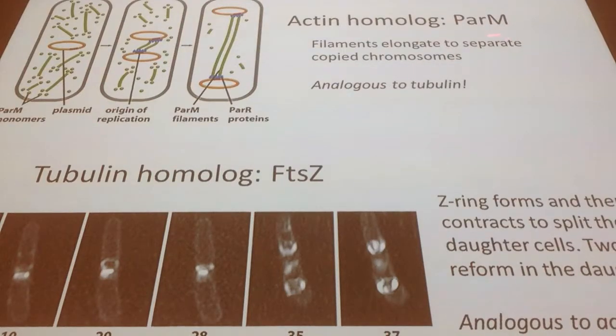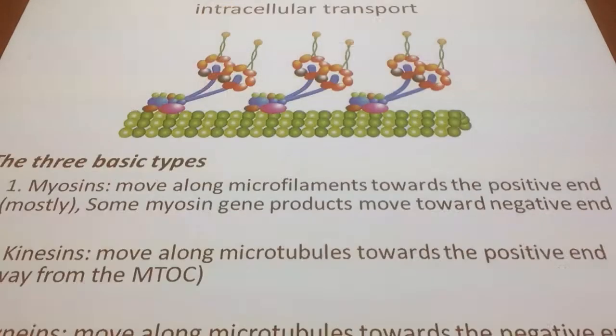However, the ParM filament is an analog of microtubule function, and the FtsZ filament is an analog of microfilament function. Unfortunately, this is just something that you need to memorize, and I don't have any rhyme or reason for it.